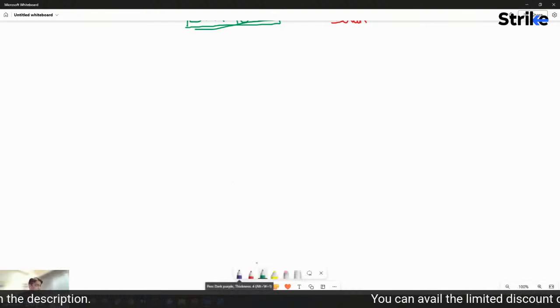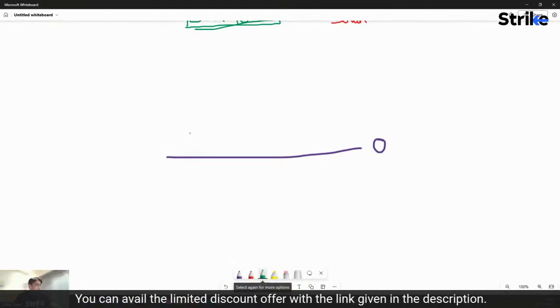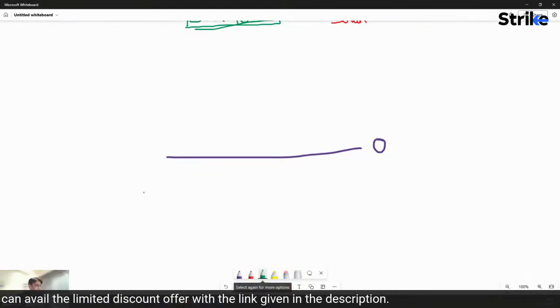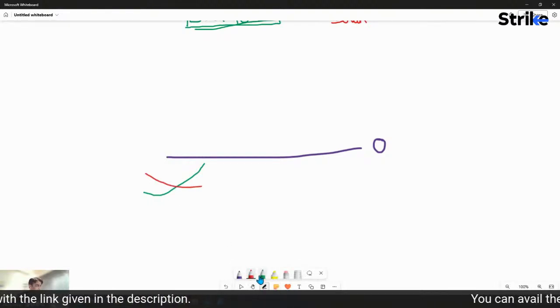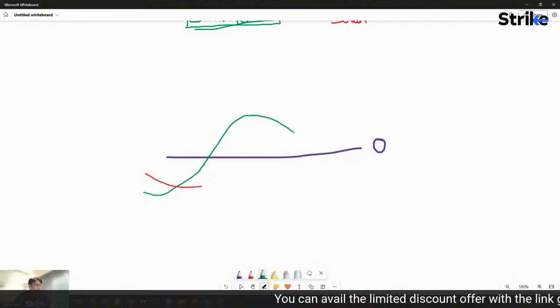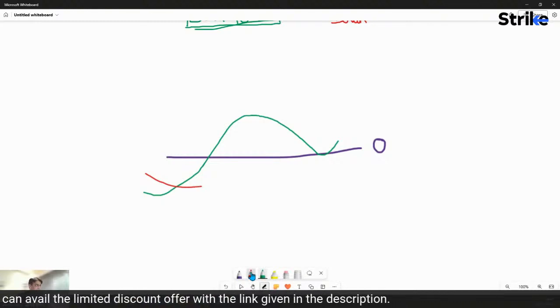But as of now, understand one thing, that if this is a zero line, let's assume RMI has given one buy signal over here. Until and unless RMI does not come again below zero, does not touch below zero, and then again it goes up, something like this.